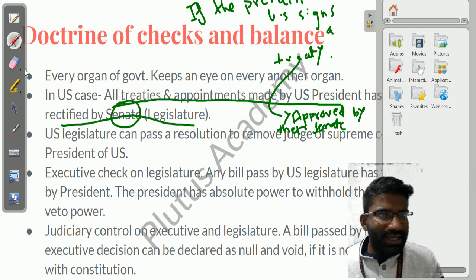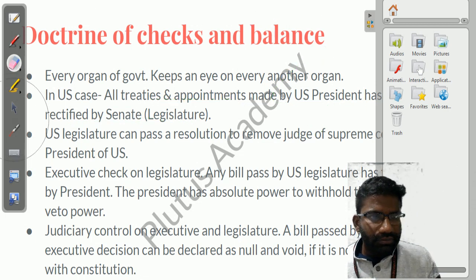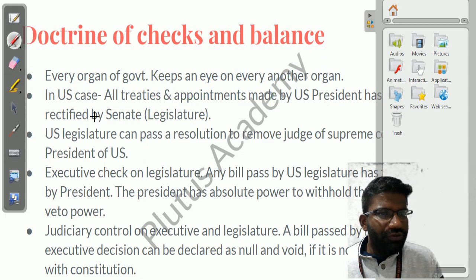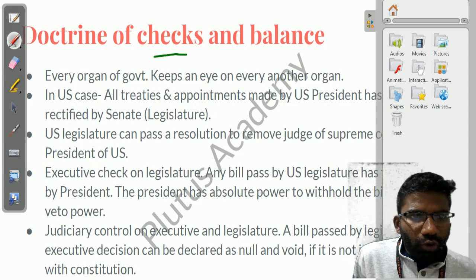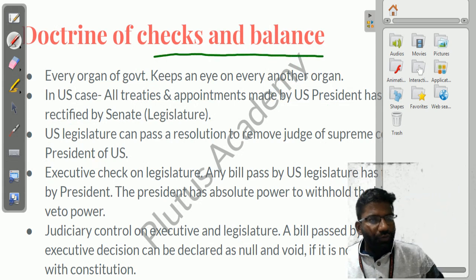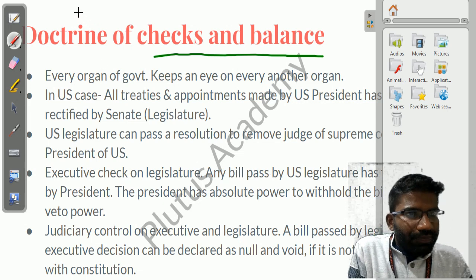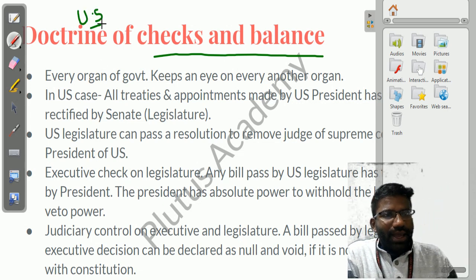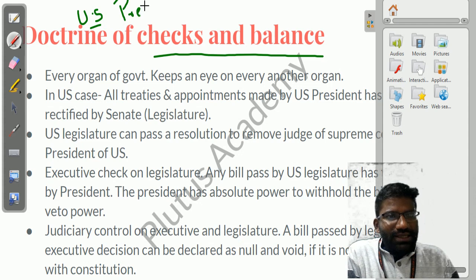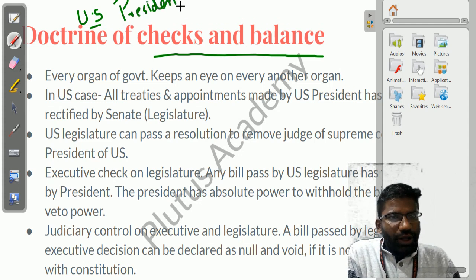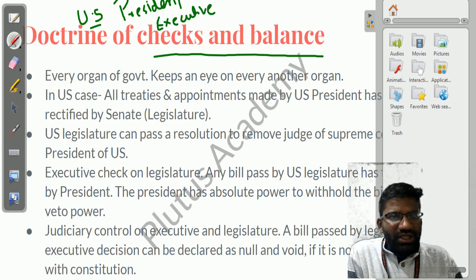I'll repeat it once again. In the doctrine of checks and balances, one organ of the government keeps an eye on the other organ of government by balancing its power. For example, in the United States of America, the President is the executive. This much is clear?